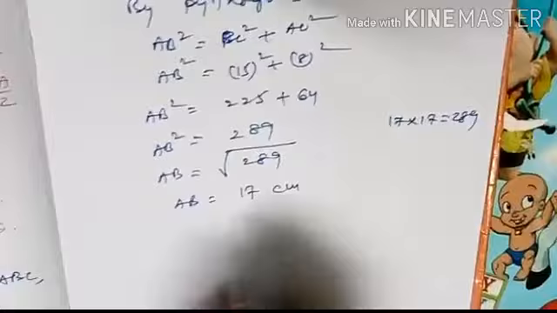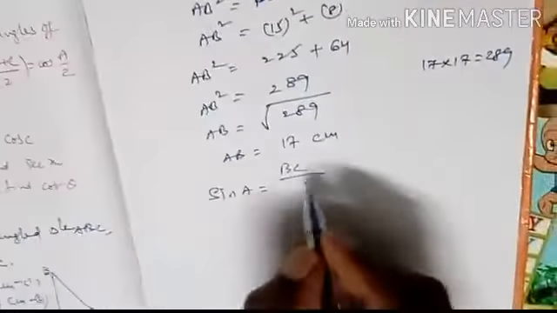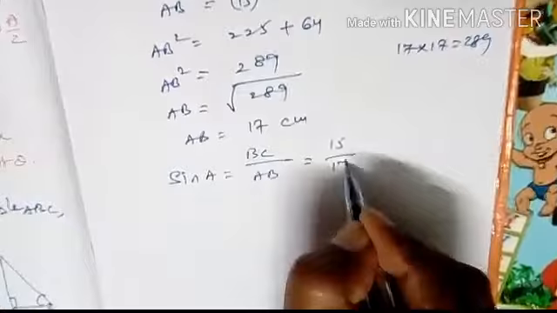Now we need to find out the value of sin A. Sin means opposite by hypotenuse, that means BC by hypotenuse AB. So BC is 15 and hypotenuse is 17.